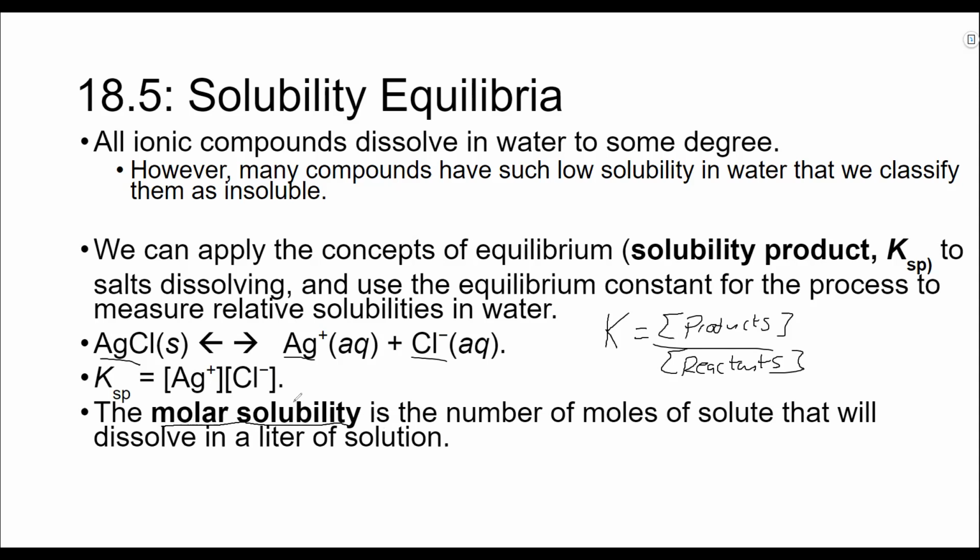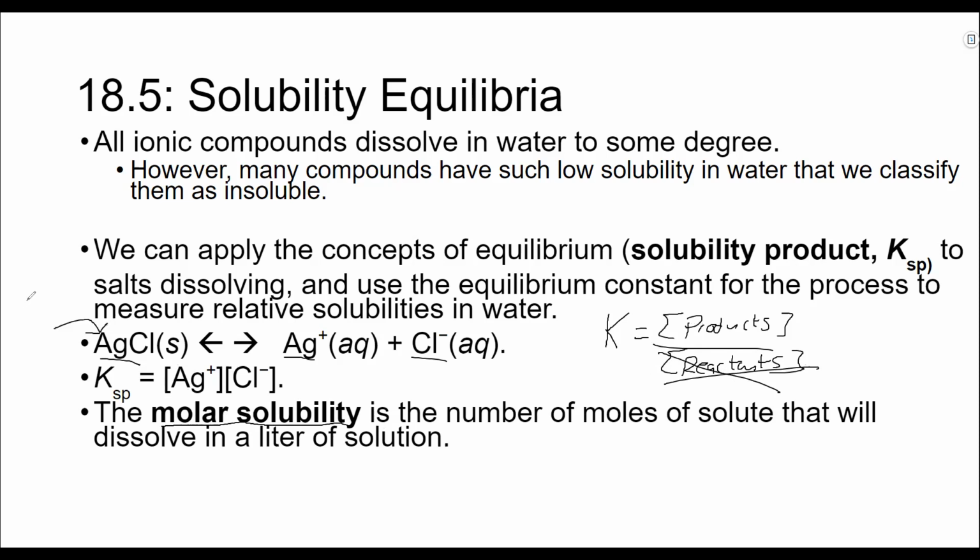Now, if we look at the actual KSP for silver chloride breaking down versus the K I wrote, you notice we actually don't have reactants in the KSP. So our K is actually just the concentration of products. And why don't we have our reactants in our KSP?